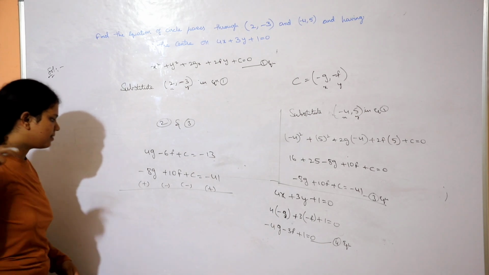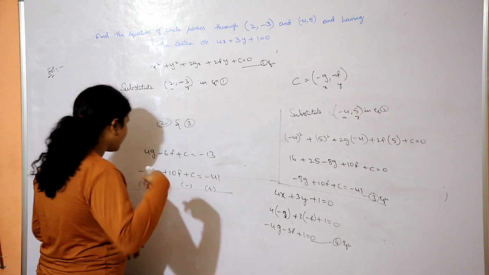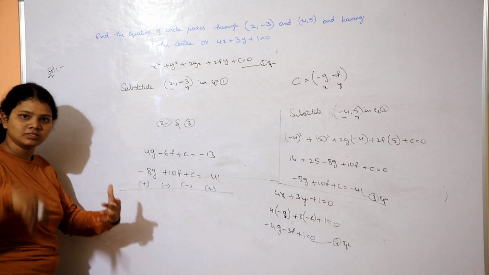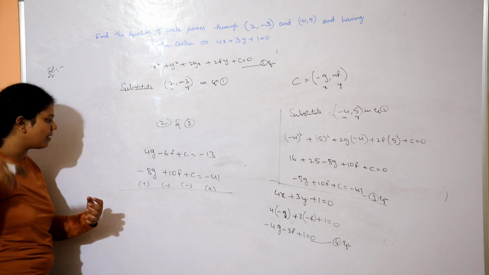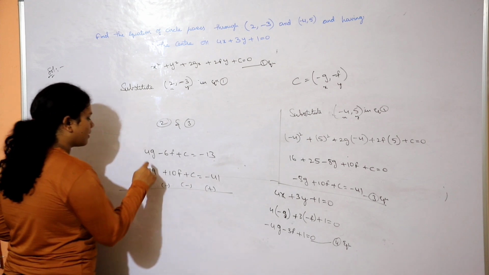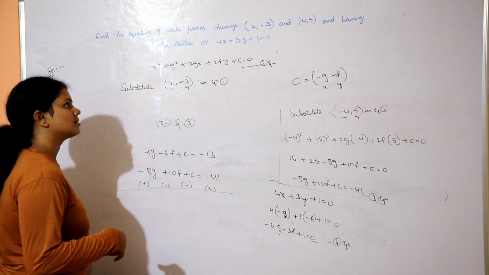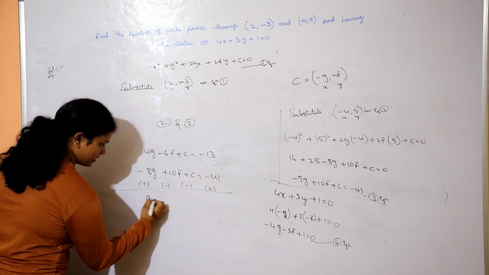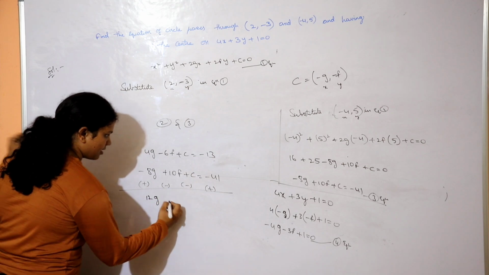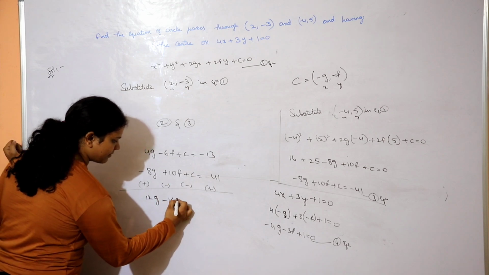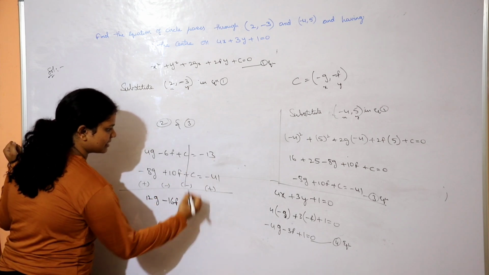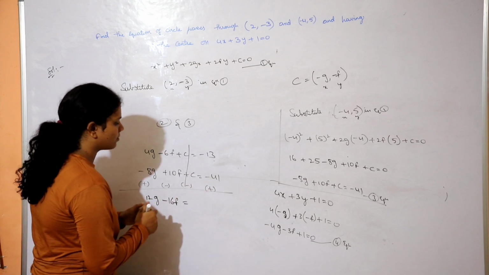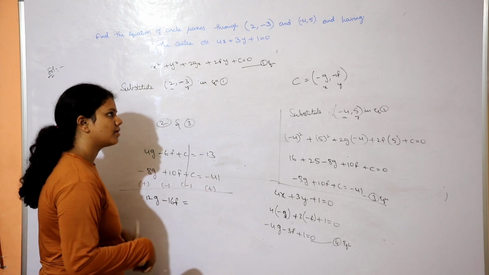Clear? Now the sign converts. When you solve equations, the sign conversion happens, as I have said in the previous video. So 8, 4, how much? 12 minus 16. So this is 12g minus 16f. So plus c minus c gets cancelled. This is equals to, here go over here like 41.